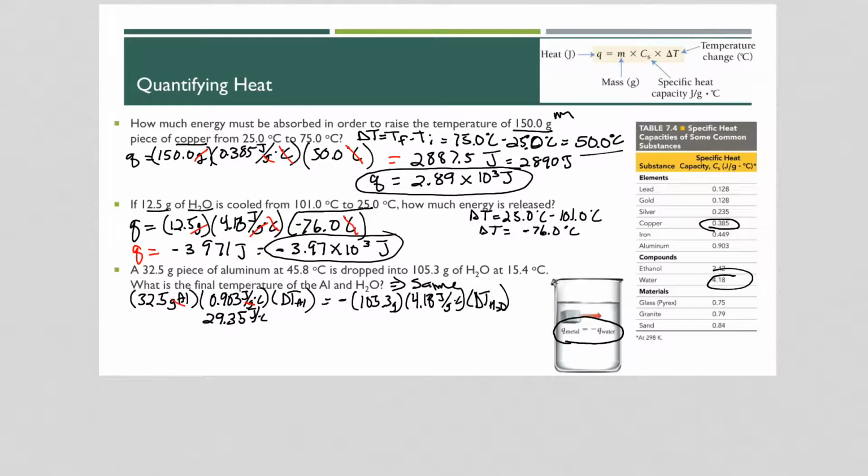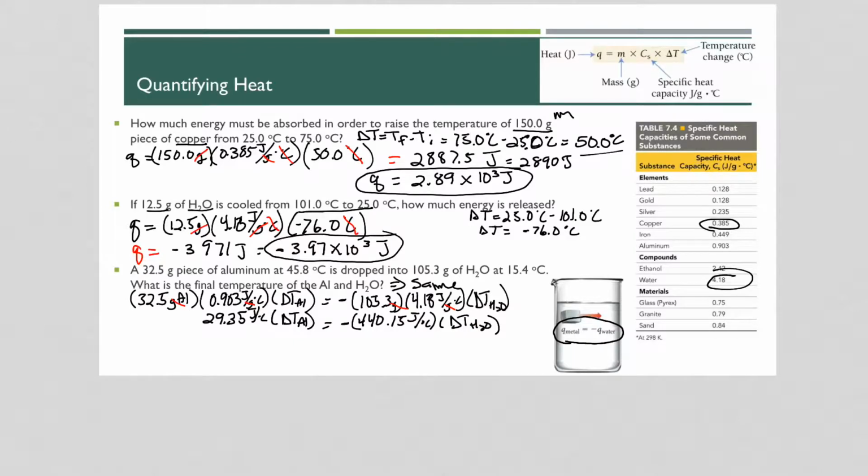Times delta T of aluminum equals negative 440.15 joules per degrees Celsius times delta T of the water.